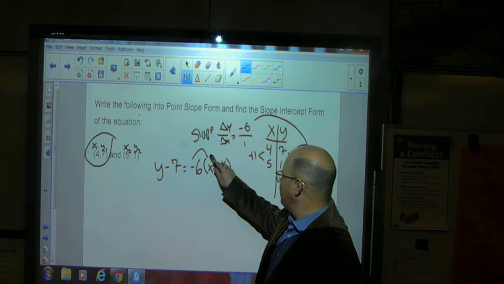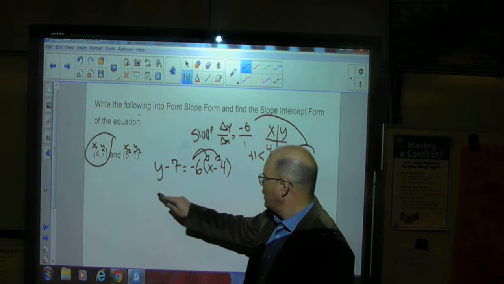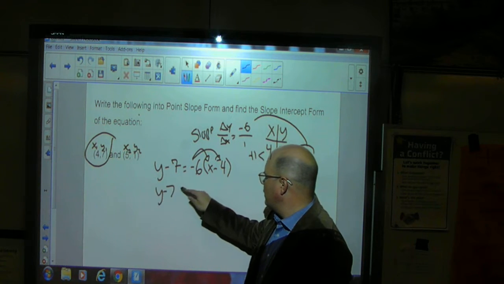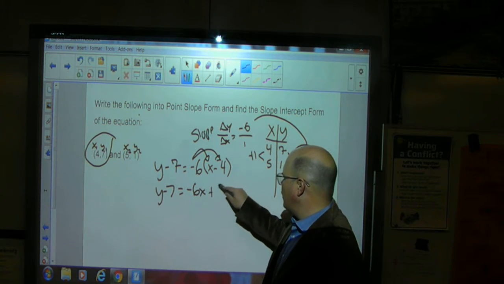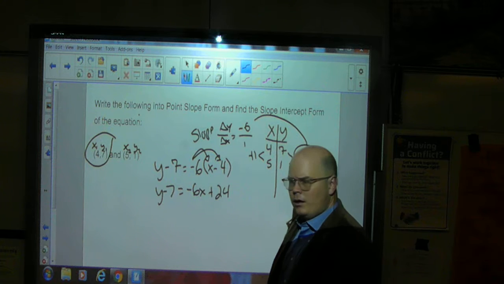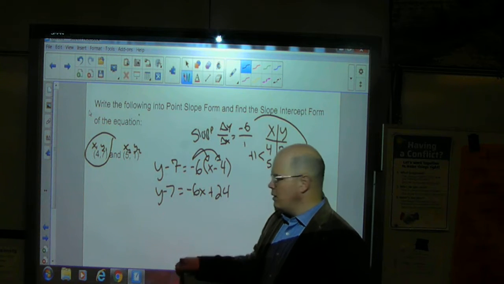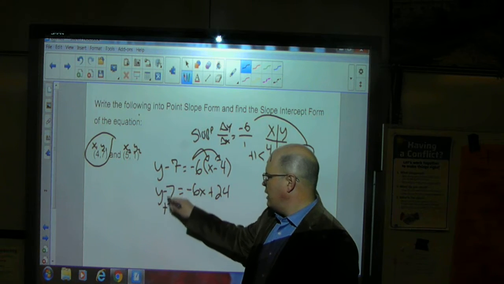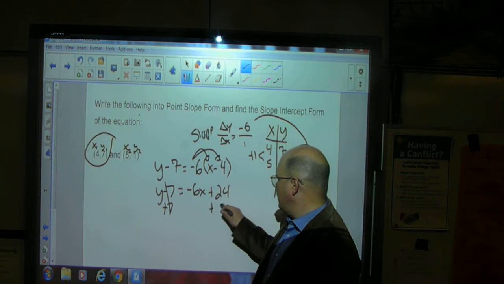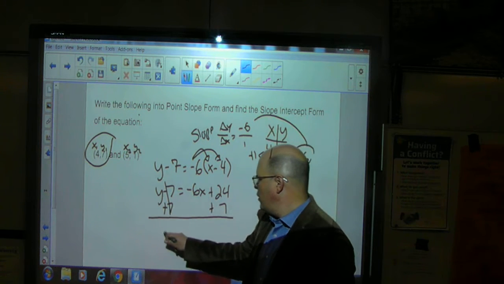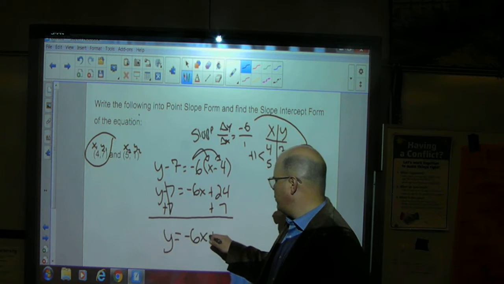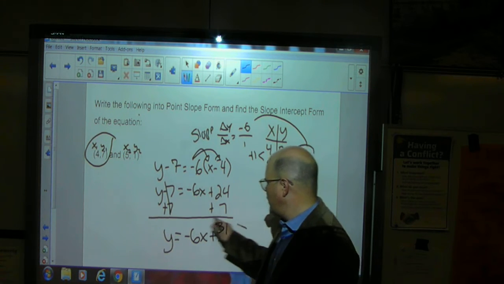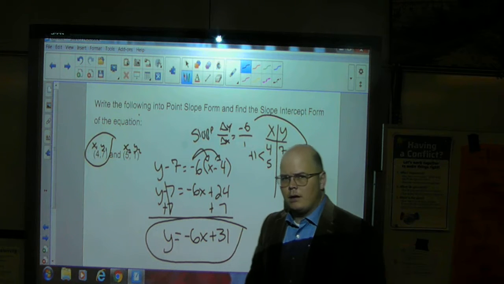So I'm distributing first, and I'm left with y minus 7 equals -6x. A negative and a negative is a +24. Okay? To get rid of my -7, I take its opposite, which is +7, and I'm left with y is equal to -6x plus 31. Okay? And I'd be done.